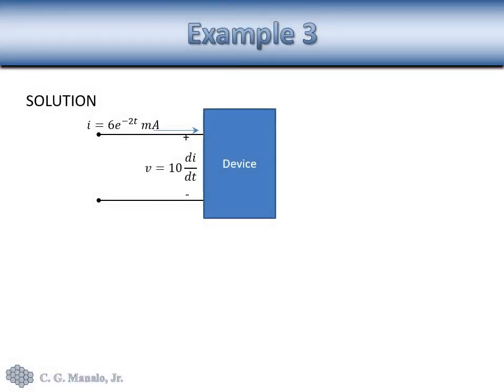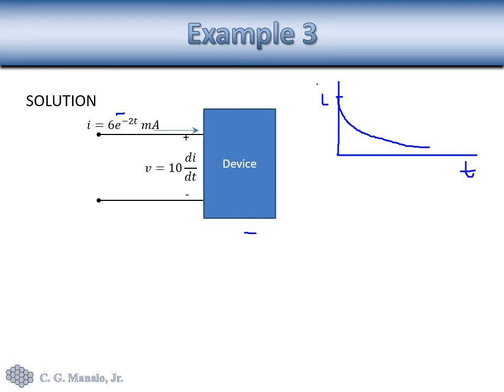So this is the solution. So we have the device and current is entering the device, given by this expression, and the voltage is also given with the polarity indicated. So as you can see, the current is actually varying from a maximum value of 6, and it goes down to 0 as t approaches infinity.